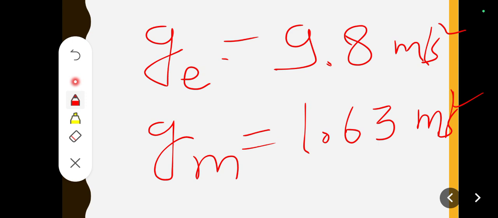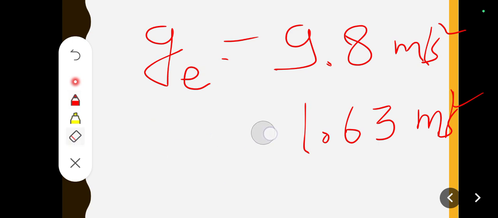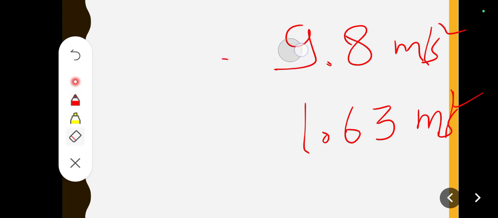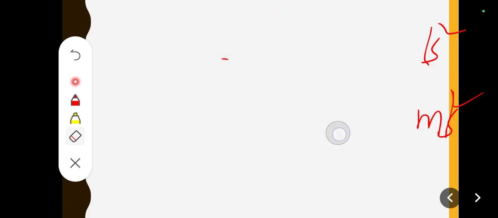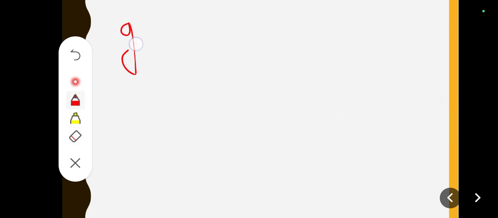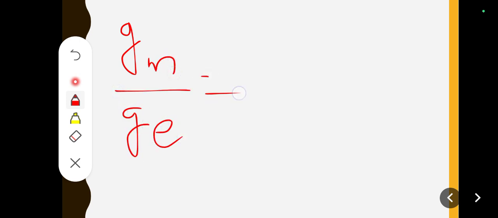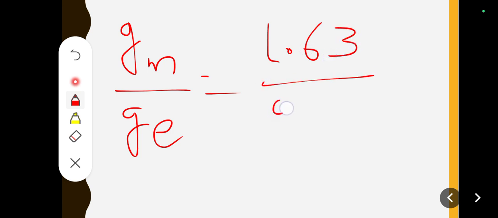Again, if you calculate the ratio between the gravitational acceleration on earth and moon, then we will get gm divided by ge equals 1.63 divided by 9.8, and the value of this we get is 1 by 6.